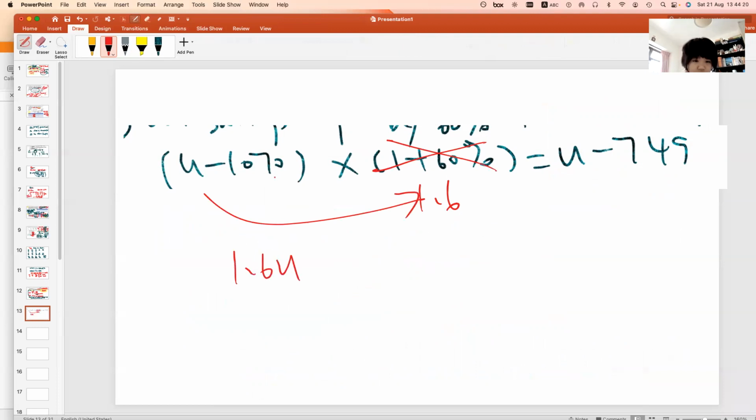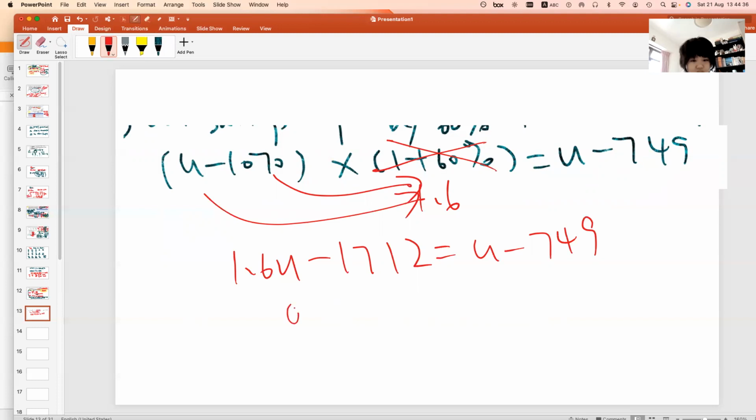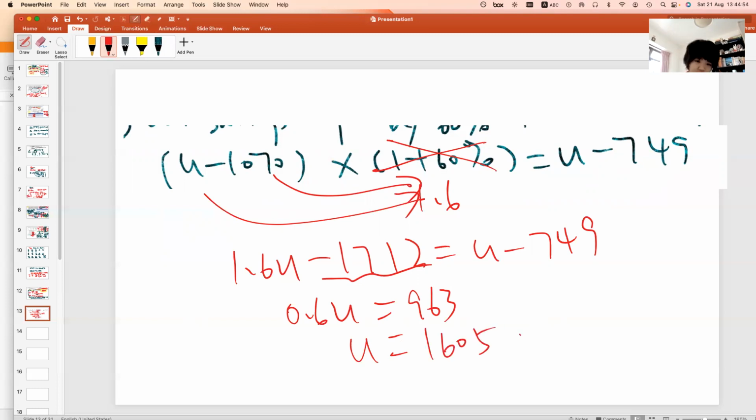So 1.6u, and of course you get this, and use my calculator. 1070 times 1.6, okay, so minus 1712. u minus, so just rearrange, so you get 0.6u. And this one, of course, you bring it over, so you minus the 749. You get 963. And then you divide by this 0.6. You get u equals 1605. So the earning per month is 1605.